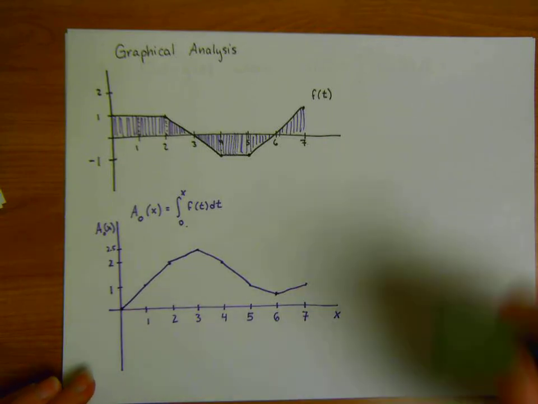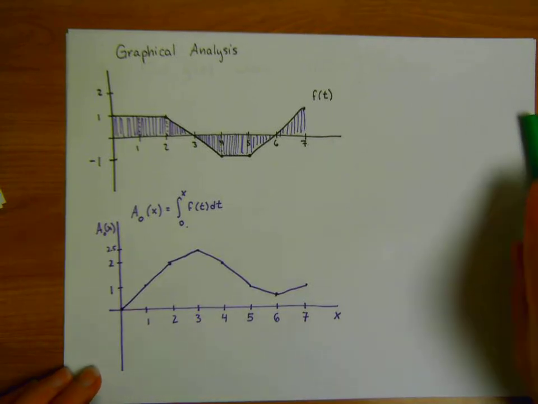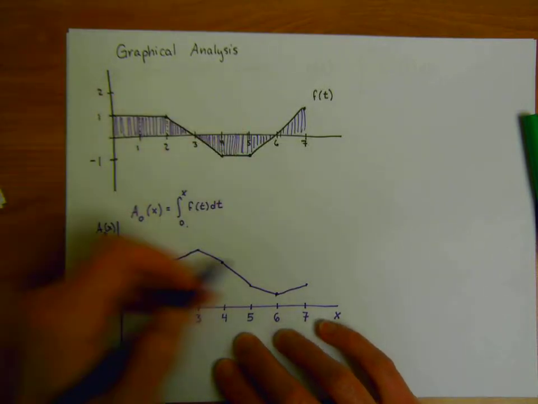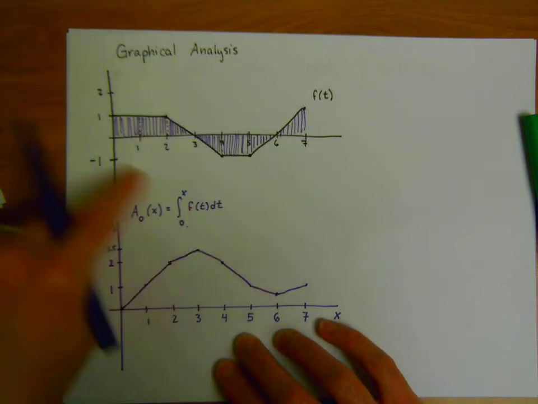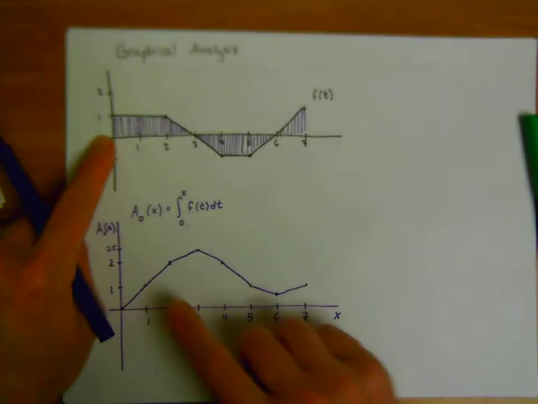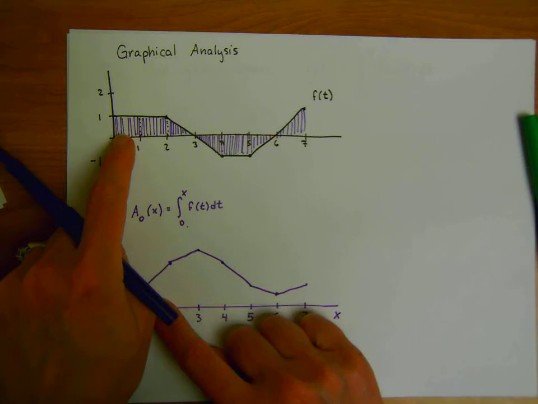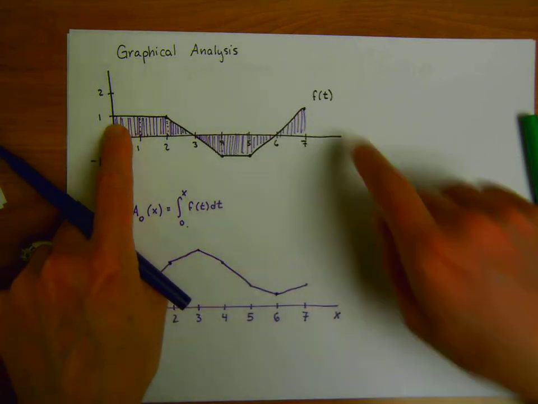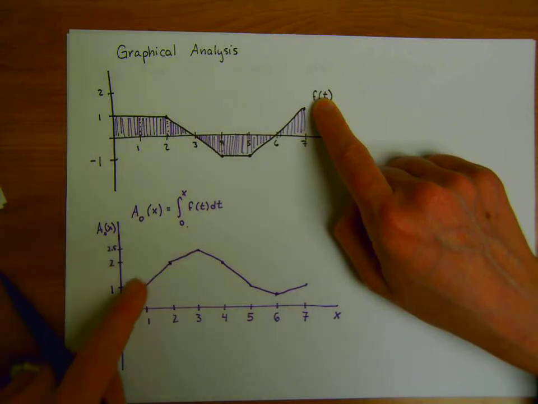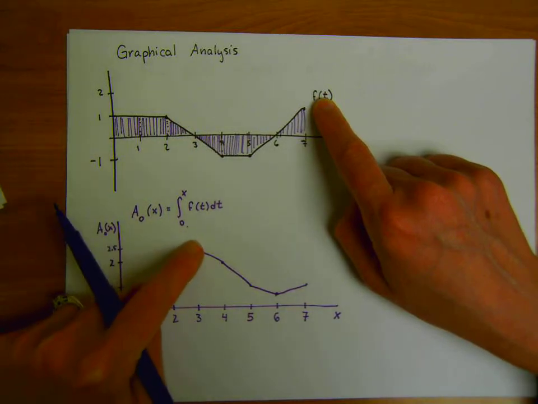So why did I do this? Really, this is a demonstration of the fact that my area accumulation function is going to model some of the behavior of what's going on in this function. When my little f function is above the x-axis, it means my area accumulation function is increasing.